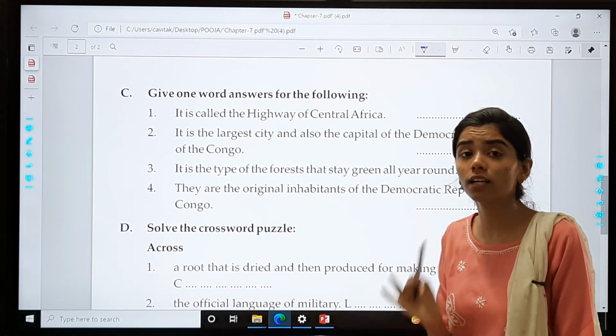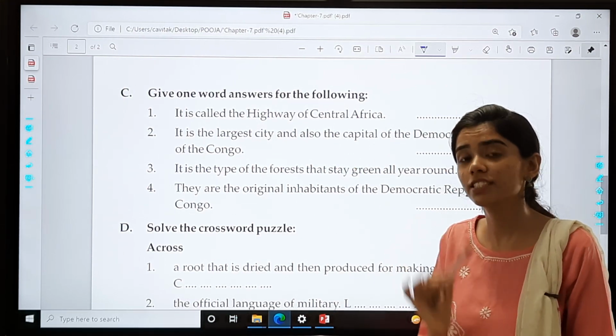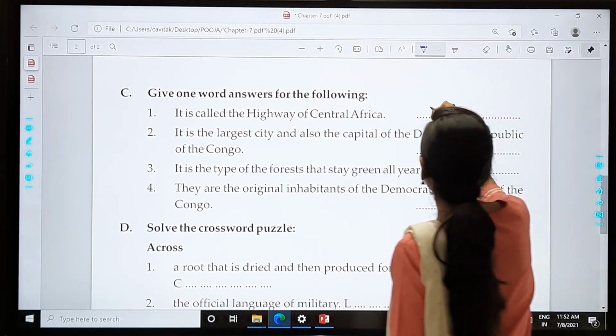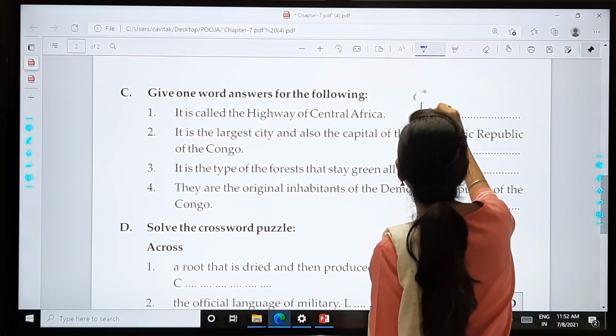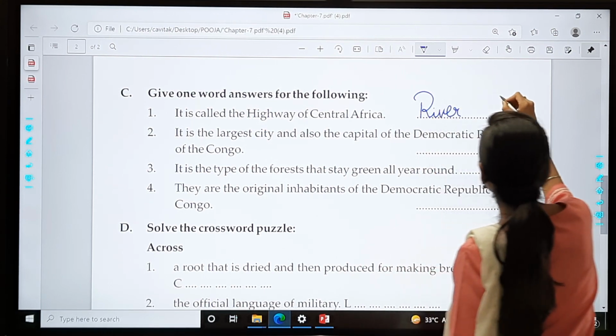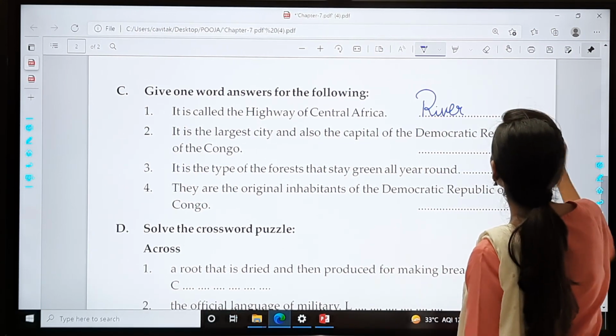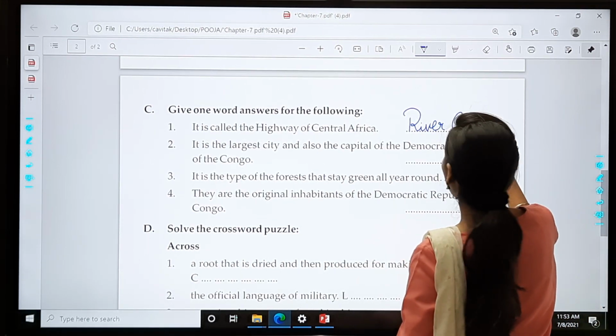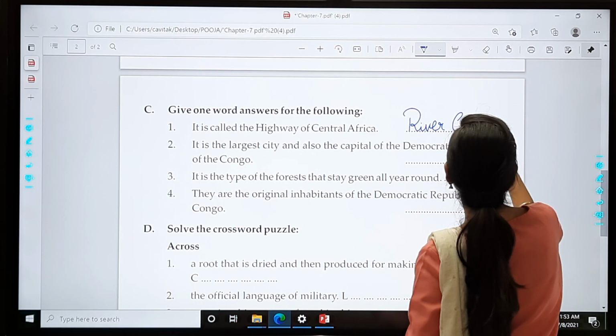It is called the Highway of Central Africa. That is the River Congo. So I am writing over here: River Congo is known as the Highway of Central Africa.